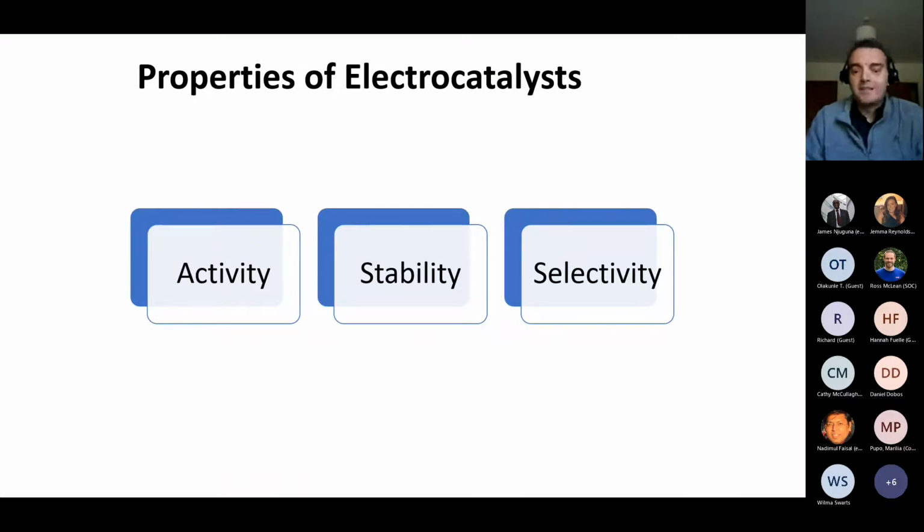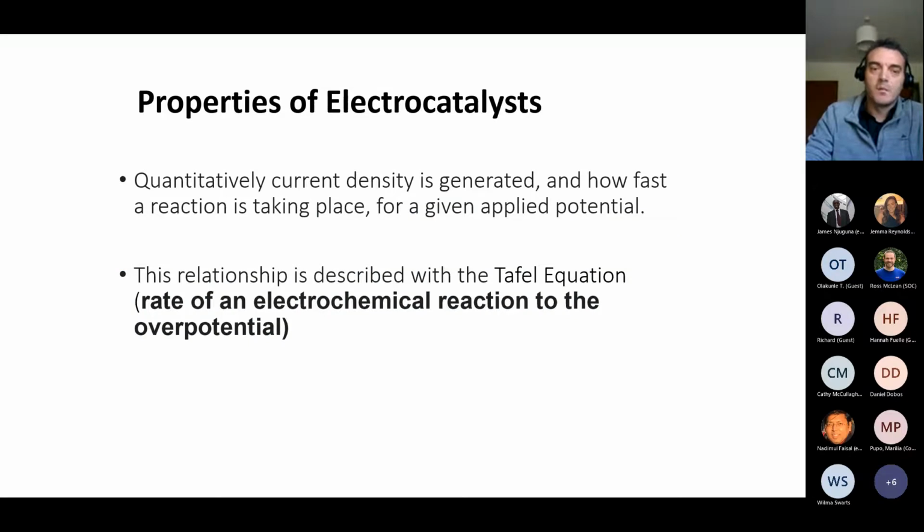3 main properties of electrocatalysts are activity, stability, and selectivity. So we're going to talk a bit about that. When we talk about activity, we talk about the current density.